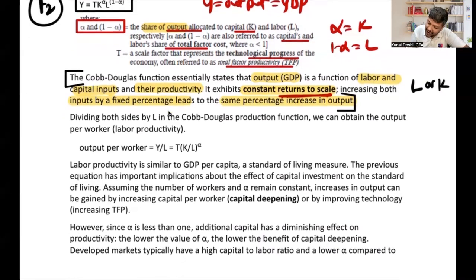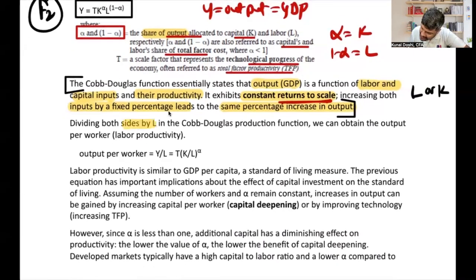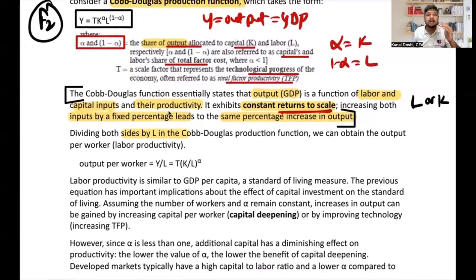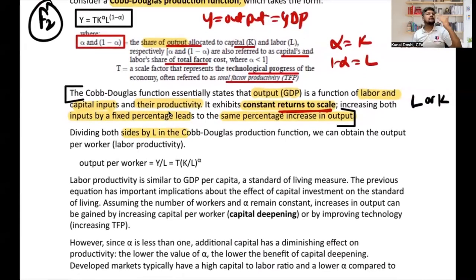So when I divide the model by L, both sides by L, this becomes output per labor. Output per labor is like GDP per capita. Remember GDP divided by the population? That is GDP per capita. So here when I say output per labor, output divided by labor, and on the right side, the equation that I had, T into K into L, alpha and 1 minus alpha.